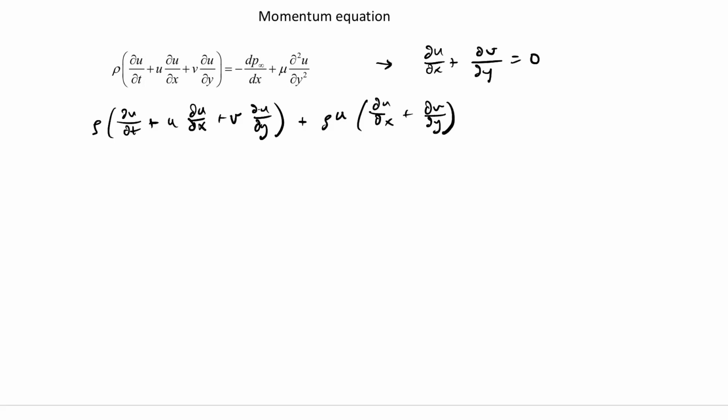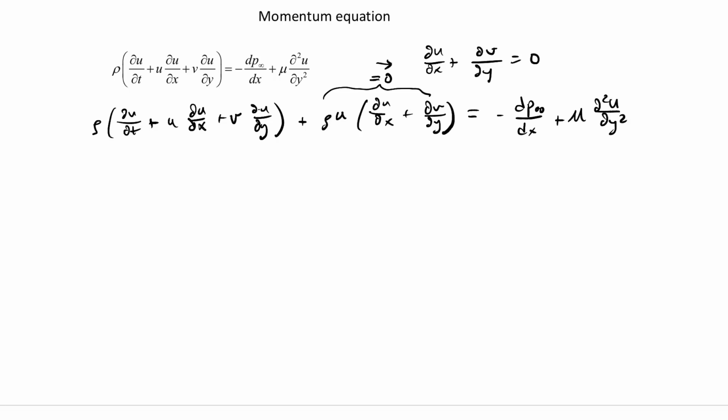This thing here is equal to 0, so I can add it in without changing the equation. And then on the right-hand side, we just have what was left originally, which is minus dp infinity dx plus mu d squared u dy squared.